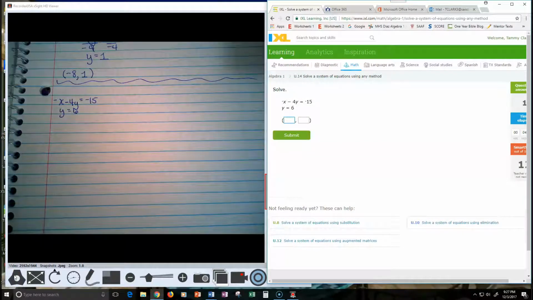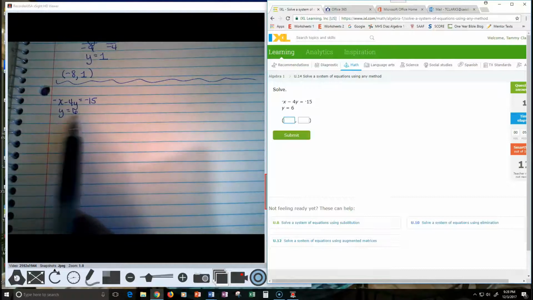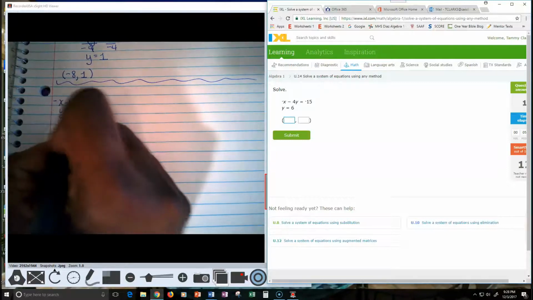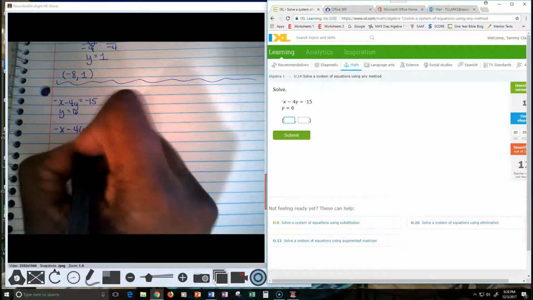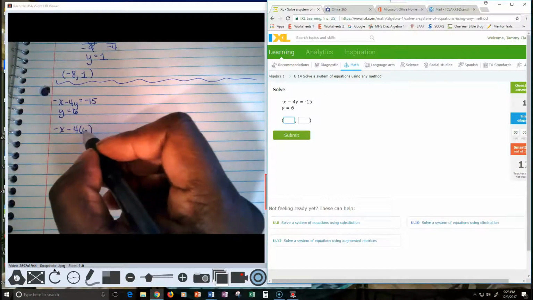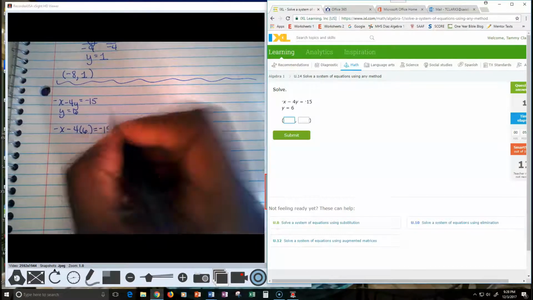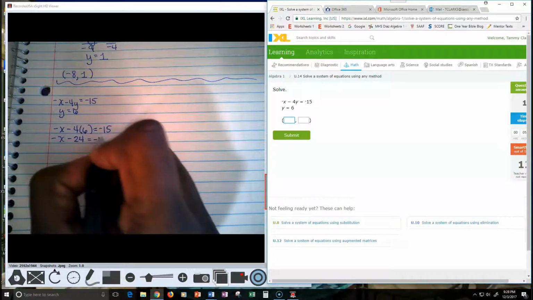Alright, on this one we have negative x minus 4y equals negative 15, where y is equal to 6. So again, because I have one variable that is already alone, I'm going to use substitution. So I have negative x minus 4 multiplied by, I'm saying y is 6, so I'm going to substitute y with 6. And that equals negative 15. Negative x minus 24 is equal to negative 15.